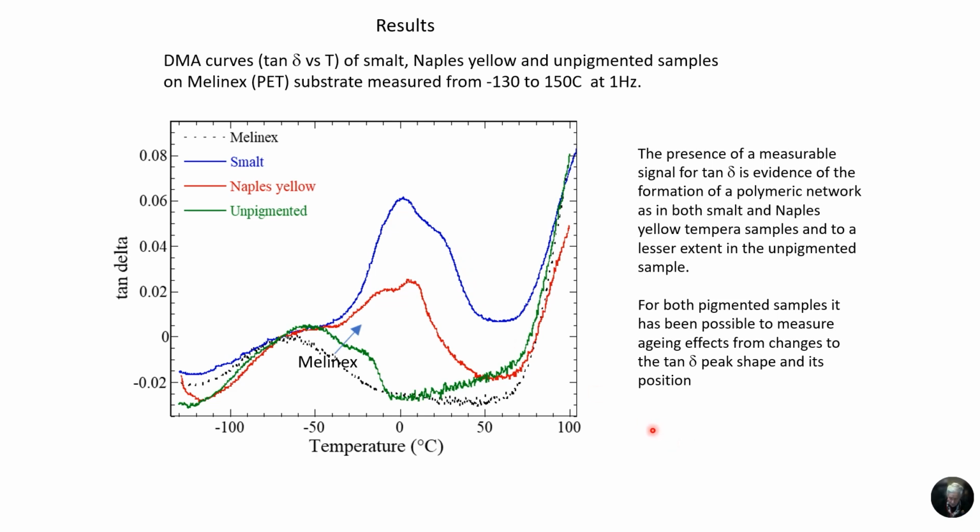And so basically the presence of this measurable signal is evidence for the formation of a polymeric network, as you can see in the case of smalt and Naples yellow, and to a smaller extent in the unpigmented samples. So for both pigmented samples, it was possible to measure aging effects from the changes in the shape of the tan delta peak and its position.